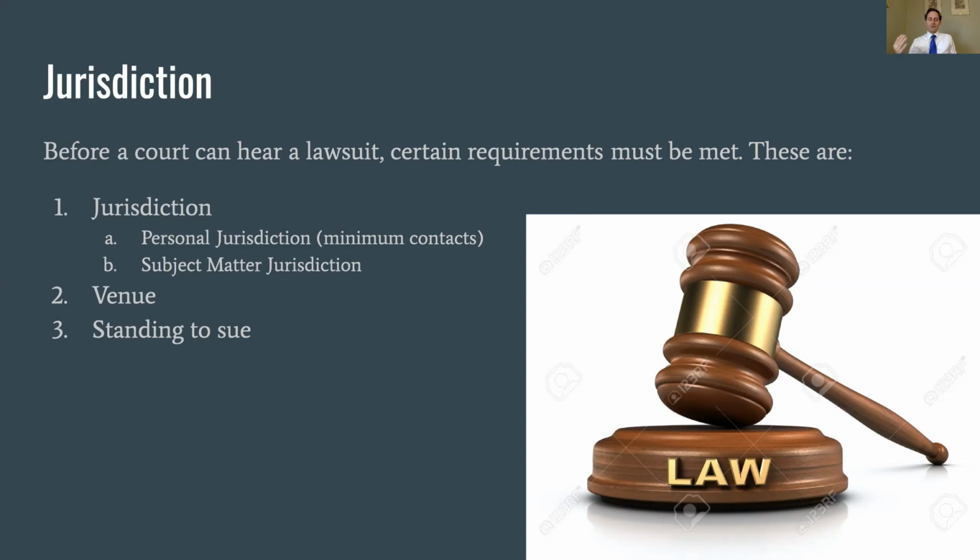Those two we'll talk about as well. But venue just means, sure, it's in the state court, but which state court? Every state has many state courthouses scattered throughout the state. So which state court is the best one to use? That's venue. And of course, standing just means the person that's suing for damages was actually damaged, was injured in some way.